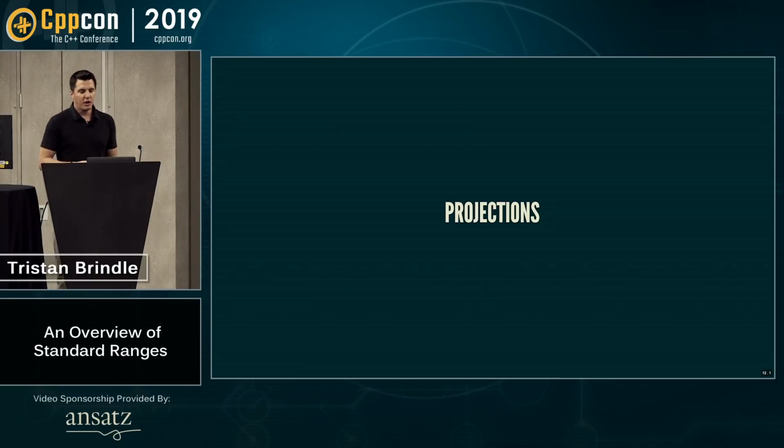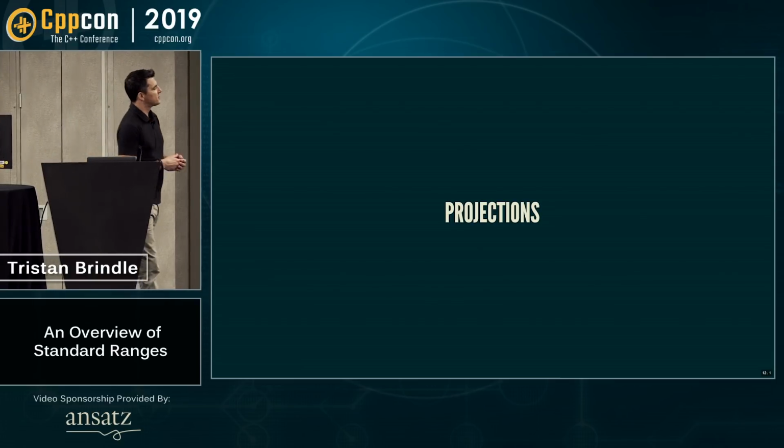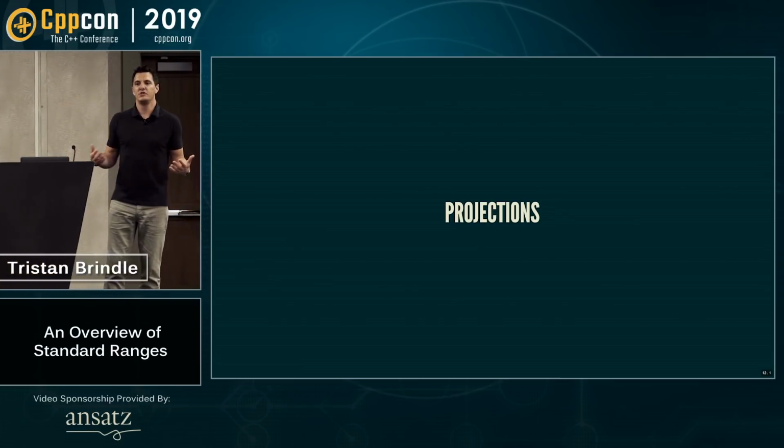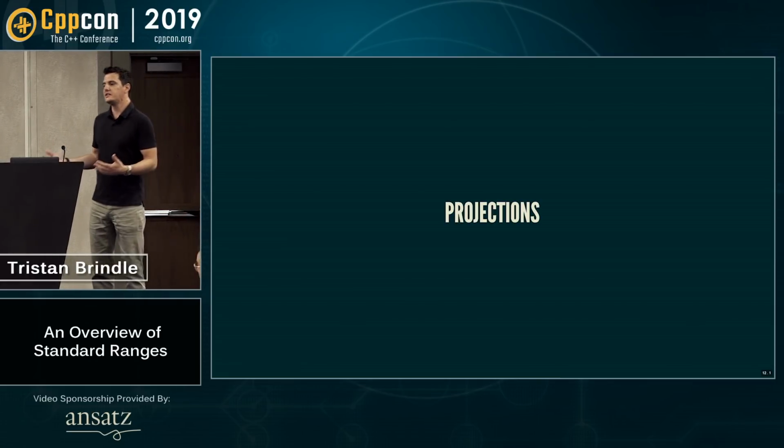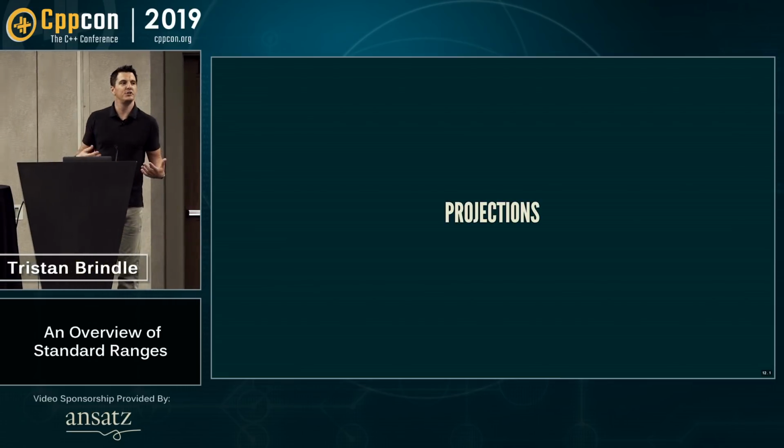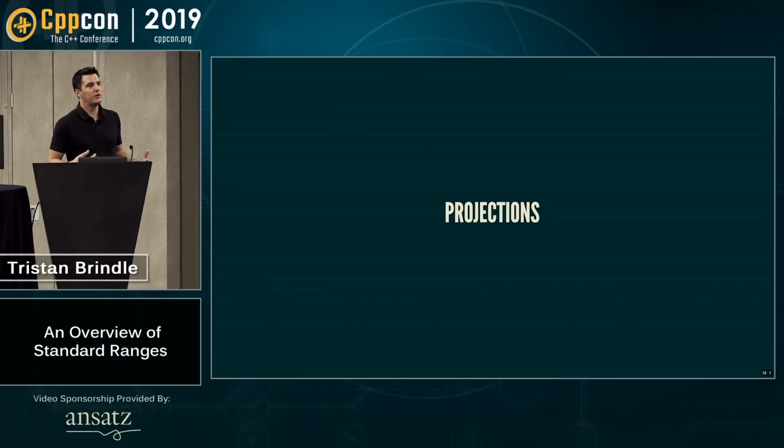So my goal over the next 5 minutes or so is to try and demystify what projections are and show you an example of how projections can make your code look prettier. So, demystifying projections. Well, what is a projection?